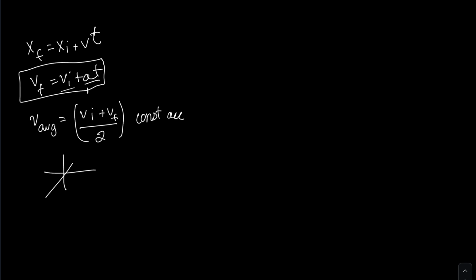If you had a line, then you can pick two velocities, and you can say that the average is between those velocities, right? But you can't say that when your graph looks like this, because parabolas don't have a linear rate of change, so you can't take an average here.